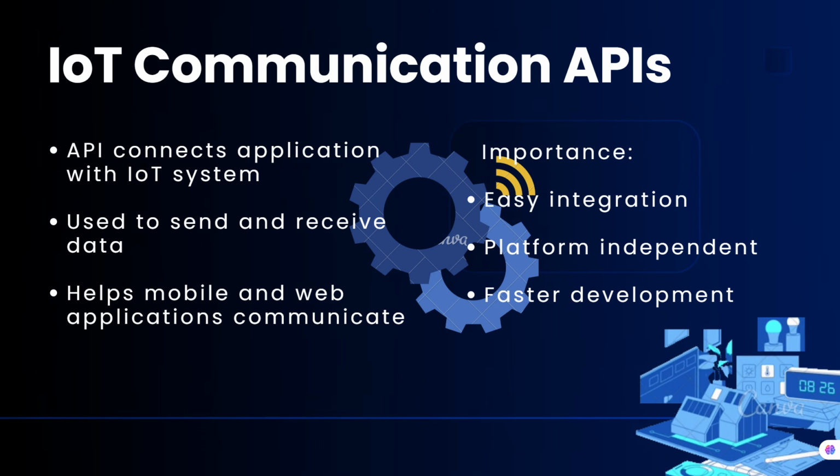It is used to send data to devices and receive data from devices. APIs are very important because they help mobile applications, web dashboards, and other systems work with IoT platforms. They make development faster and system integration easier.